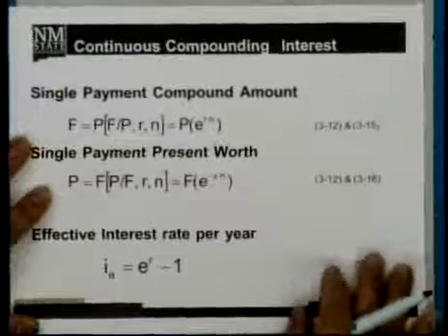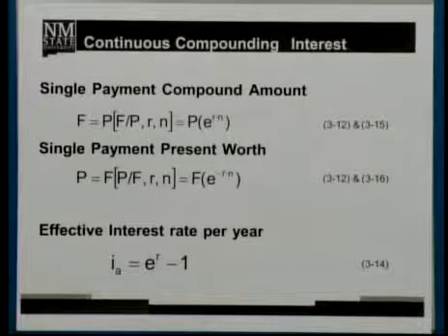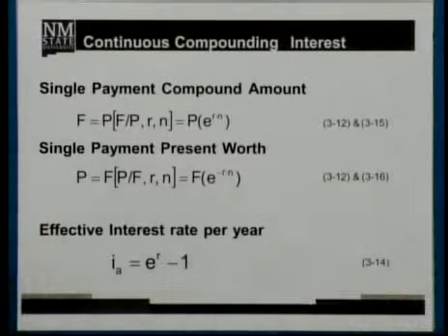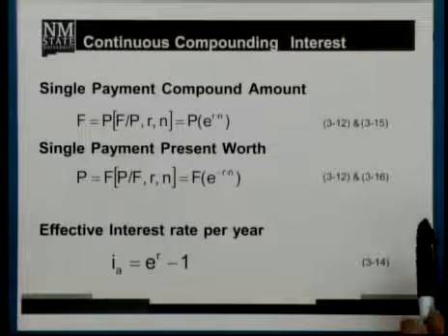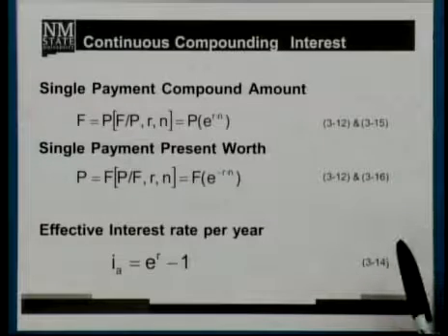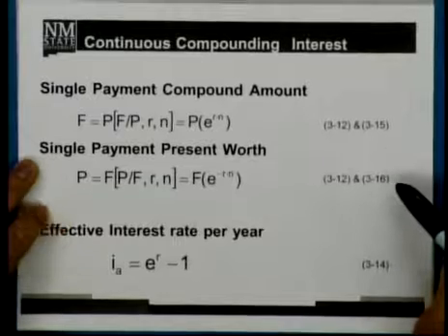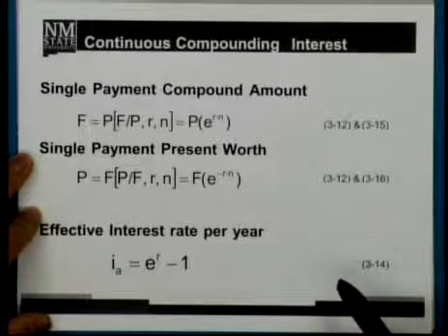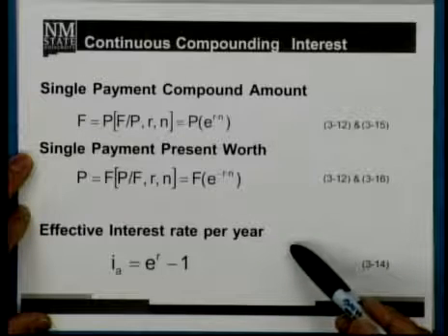Okay. Next is about continuous compounding interest. It is possible to let the number of compounding periods approach infinity, which is called continuous compounding. And these are the formulas related to continuous compounding. Also, as stated earlier, effective interest rate per year is like this.